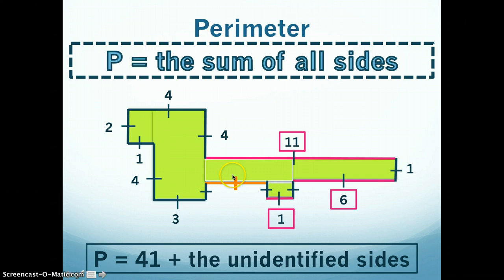You also know that this partial length is worth 6. This partial length is worth 1. So all you have to do is figure out this little length. If 6 plus 1 is 7, and this whole thing should be 11, 11 minus 7 gives you 4. So now we have a perimeter of 41 plus whatever's left over.